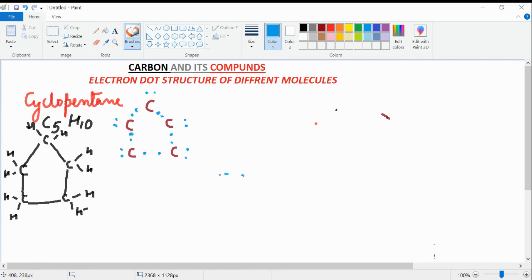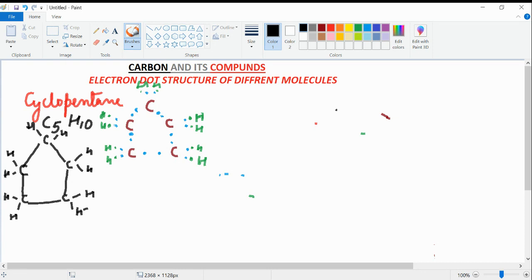Next is hydrogen. Each hydrogen has 1 electron in its outermost shell. So like this.